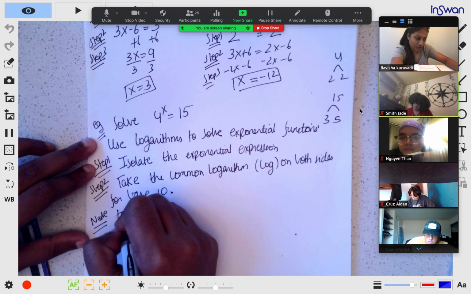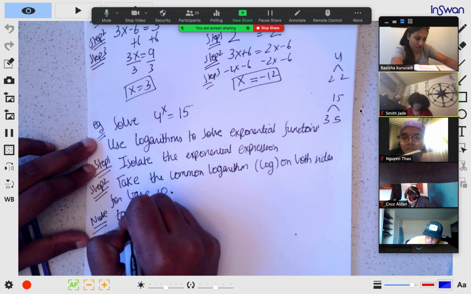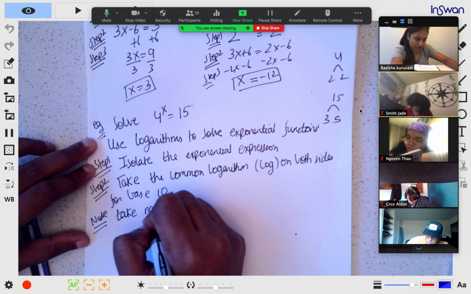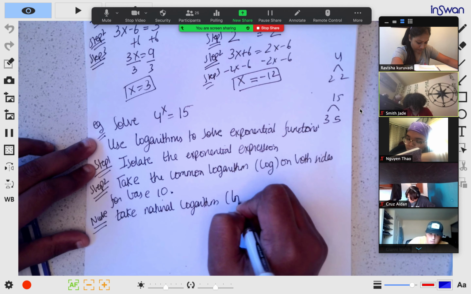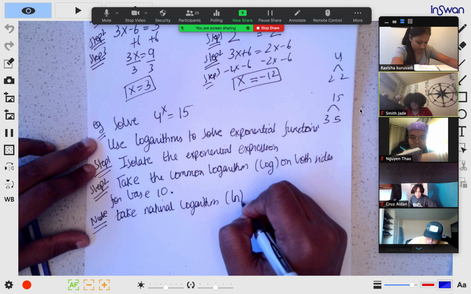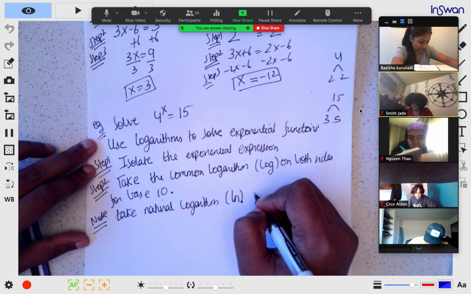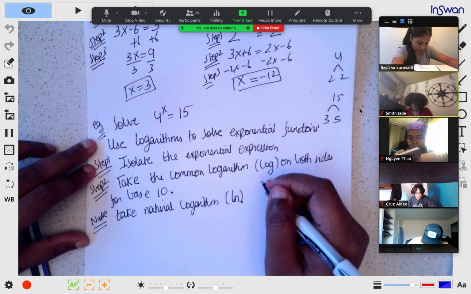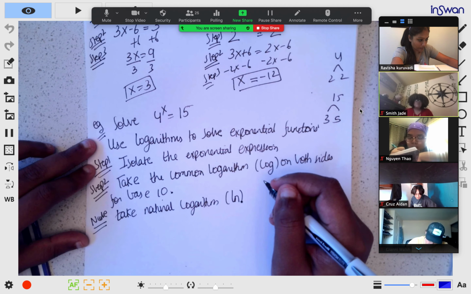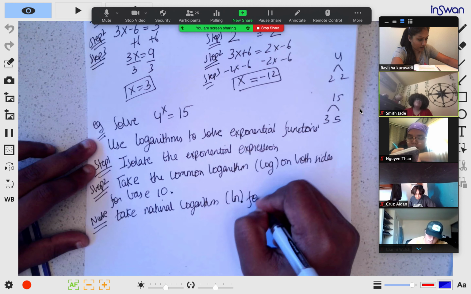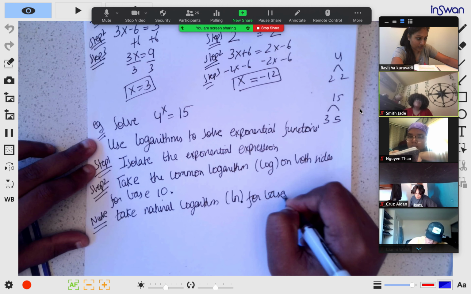Take natural logarithm, that means ln, for bases other than 10.